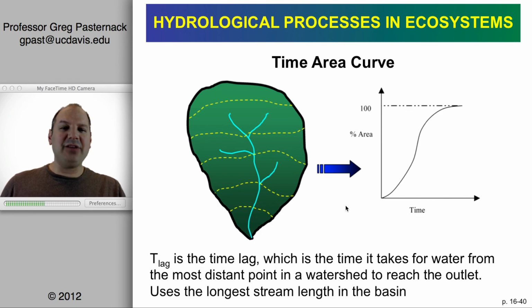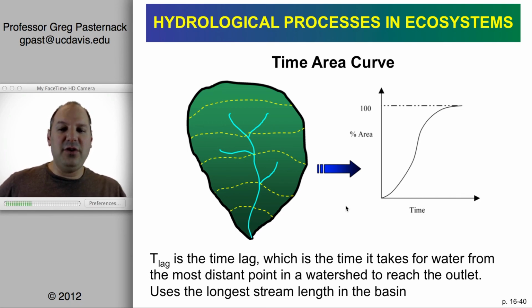So you can imagine there's a couple ingredients that we need to figure out for this to work. What's the peak of the runoff going to be for whatever we want to know? And then when does that come? And so to get to this time thing, you need some way to compute a variable known as the time lag. Time lag is the time it takes for water from the most distant point in a watershed to reach the outlet.